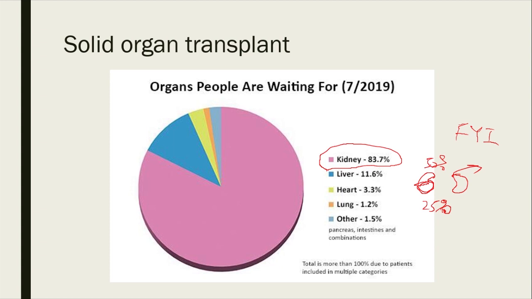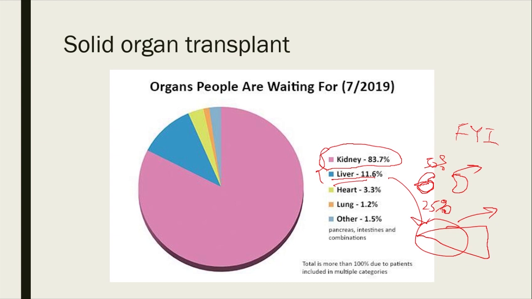The second most common organ that needs transplant is the liver. With the liver, we can take a pretty big piece, and again, this can be a live donor, both for kidney and liver. People with matching HLA type can donate a portion of their organ to another person to save that person, so that both the donor and the recipient can survive.